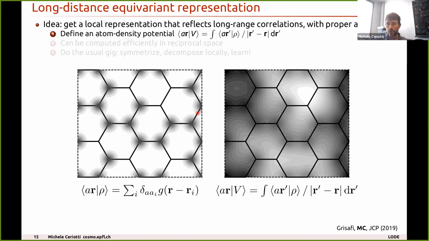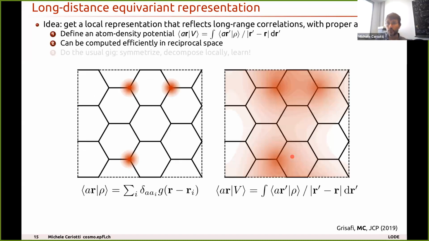We solve the Poisson equation for this density to obtain a fictitious potential. This is not a physical electrostatic potential. It is the potential that would be generated by a distribution of charge corresponding to the position of the atoms. I emphasize that it is not physical because, in order to incorporate information on composition, we use a different density and therefore a different potential for each atomic type.